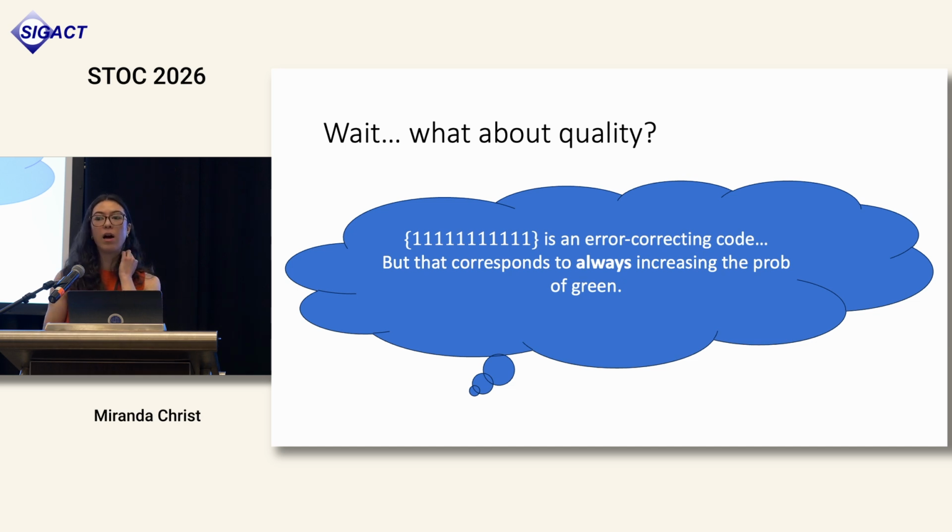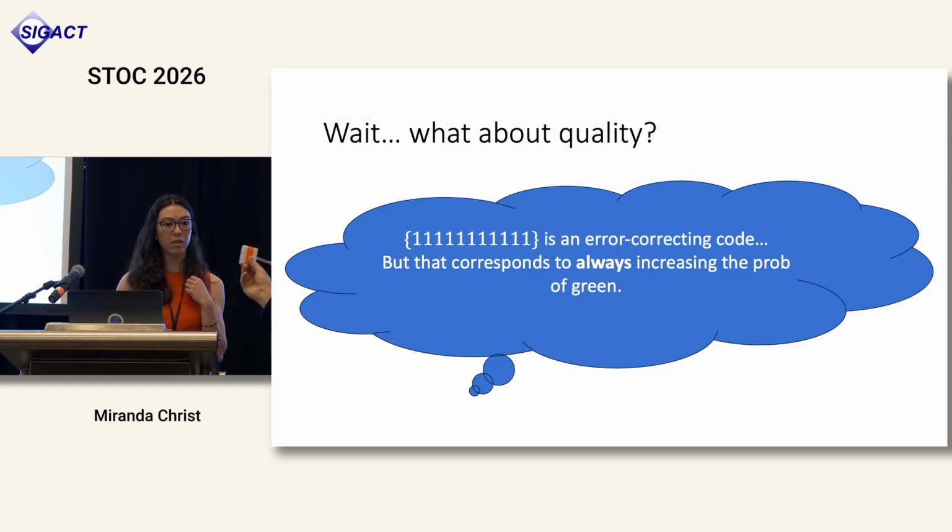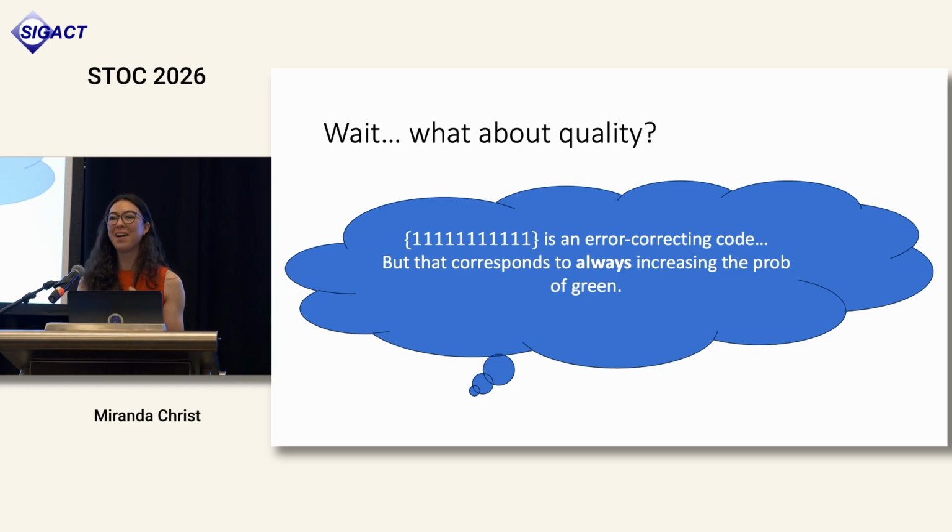And now replacing the seed with this all one string actually amounts to just partitioning all of the words into red and green and increasing the probability of the green words again, right? This is the same as if the coin came up heads every single time, and so we're just increasing the probability of green on every word, and we're back to exactly where we started.